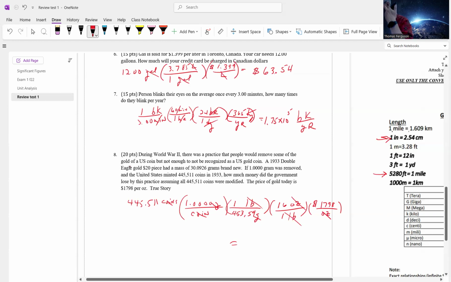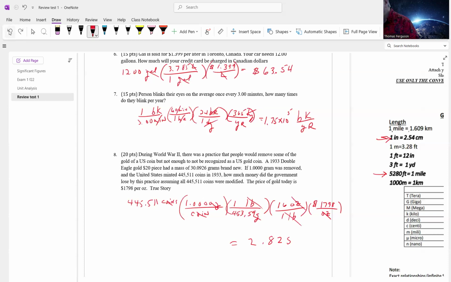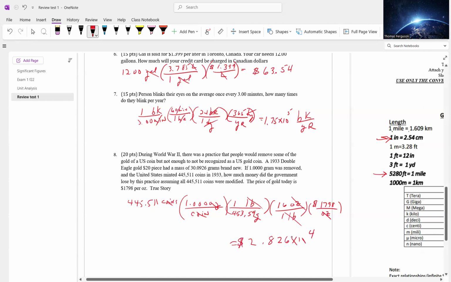And we're looking at 4. So the United States lost $28,000 by this practice.